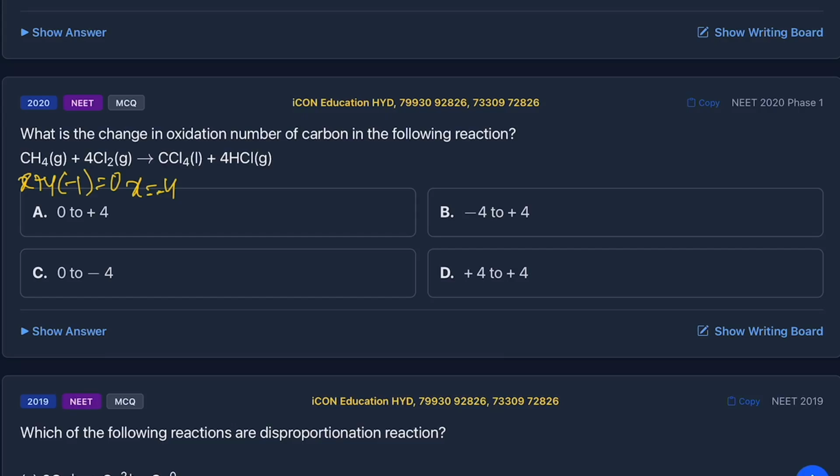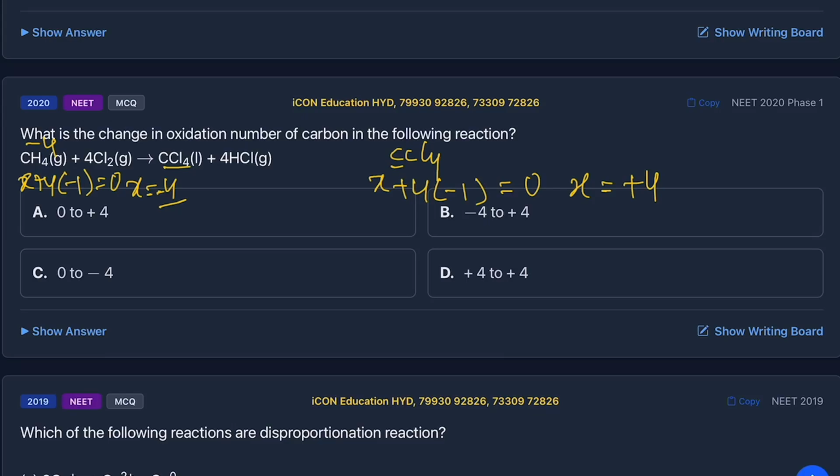In CCl4, x plus 4 into minus 1 equals 0, so x equals plus 4. It is changing from minus 4 to plus 4.